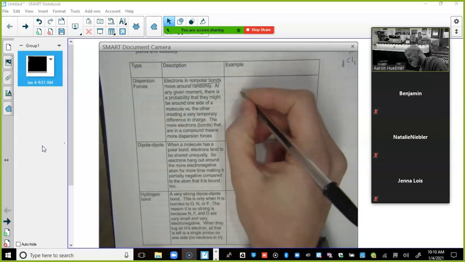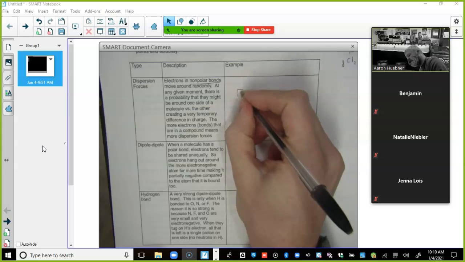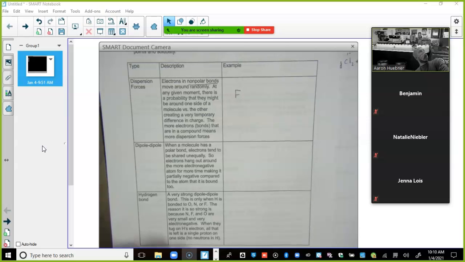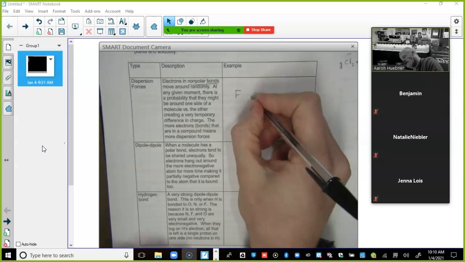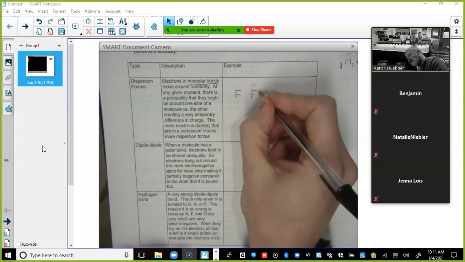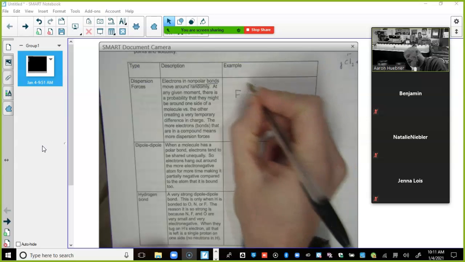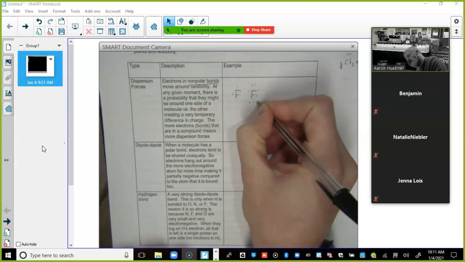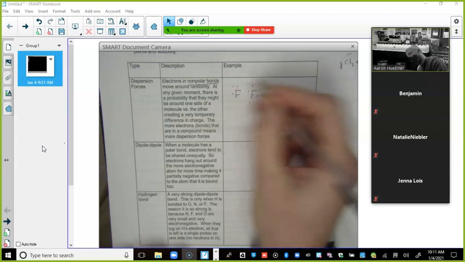The more electrons that are in a compound means more dispersion forces. All right, so let's do fluorine, just for example. Fluorine has 7 outer valence electrons, 9 in total. At one moment, I mean, this is an extreme version.